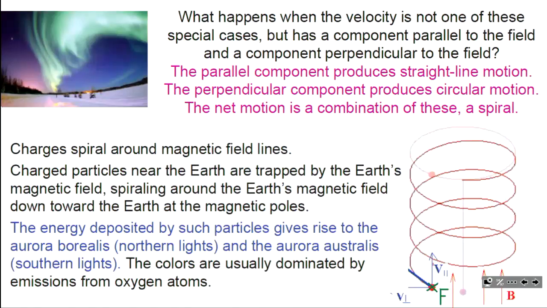So in the result, it travels in a spiral. And when very energetic cosmic particles enter the magnetic field of the Earth, they start traveling like this. And when they do that, they emit light. And that's what you see, North Pole lights, South Pole lights.